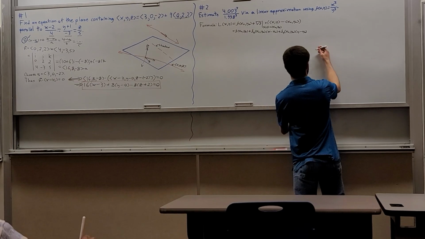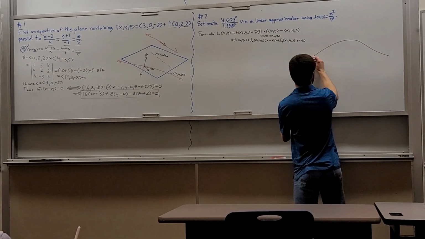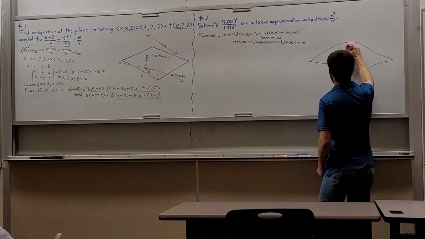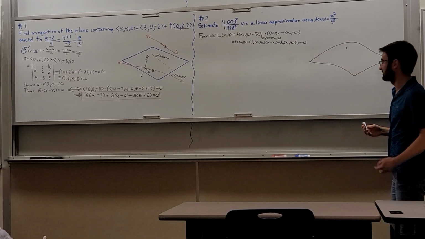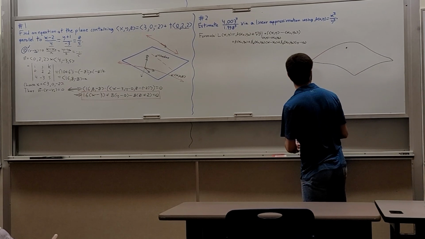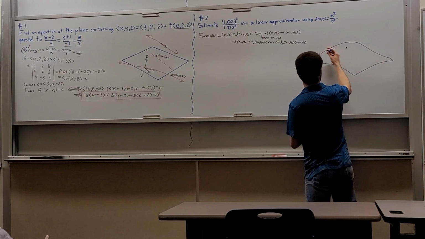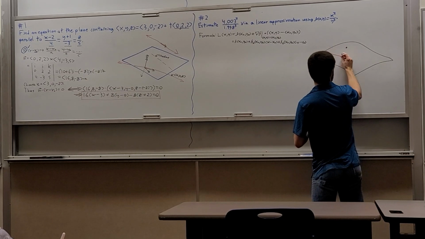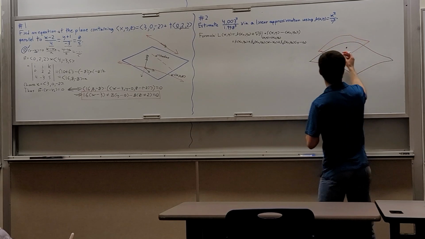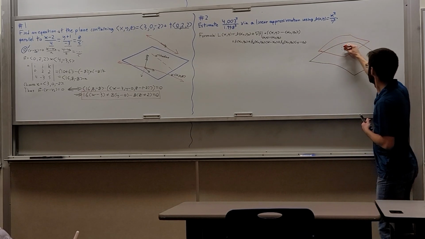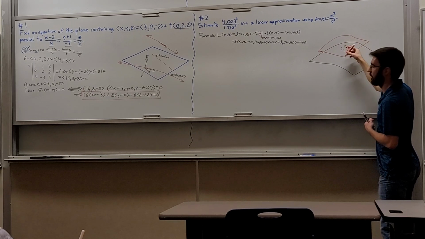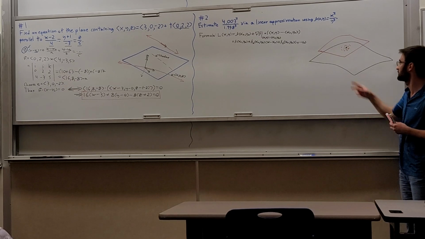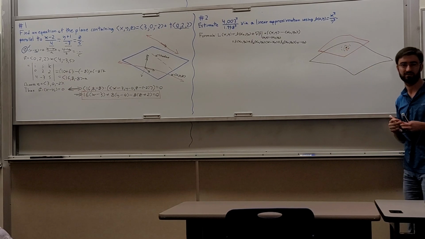So we learned not too long ago that if we have some surface in R3, we can approximate values on the surface near a certain known point on the surface by introducing a linear approximation, which is essentially a tangent plane to the surface at that point, such that in a small neighborhood of points nearby, that tangent plane very closely approximates the values of those points on the actual surface.